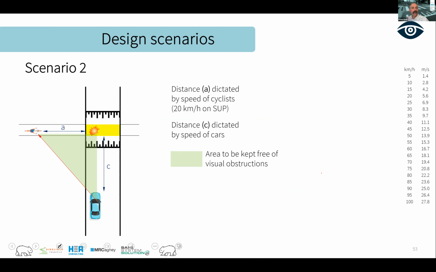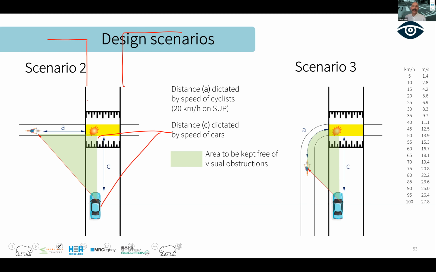But another scenario there is where we have that path crossing mid-block, not near an intersection or on the approach to an intersection, maybe down here. And so we want to work out that sight line, just as we saw in the little video I played. And that's simply a normal sight triangle that you're working with to try to keep clear, although of course you're going to have it both sides as well.